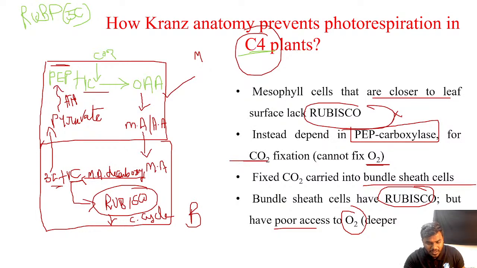Then this 3 carbon pyruvate can enter the mesophyll, and pyruvate is converted into phosphoenol pyruvate.